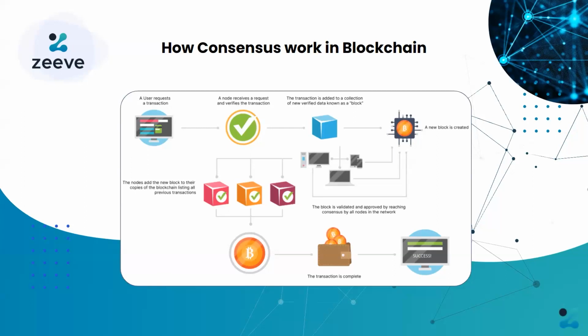Now that the block is created, it is broadcasted into the network, and when it is broadcasted into the network, the other nodes that are receiving that block are going to validate that block, and if it is validated, they are going to add it to their own state, right? The state of their node.